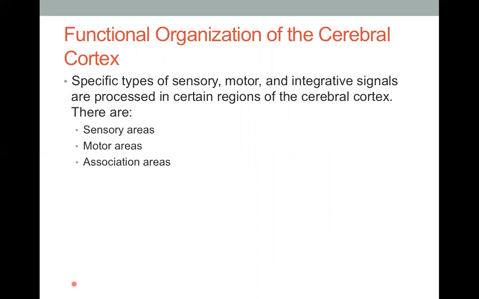And then our association areas are concerned more with the integrative function, so the complexity of things such as memory, emotions, reasoning, will, judgment, personality traits, and intelligence. So we have a somatosensory association area, a visceral association area, an auditory association area, and then we have Wernicke's or the posterior language area, common integrative, a premotor, frontal eye field, and language areas.